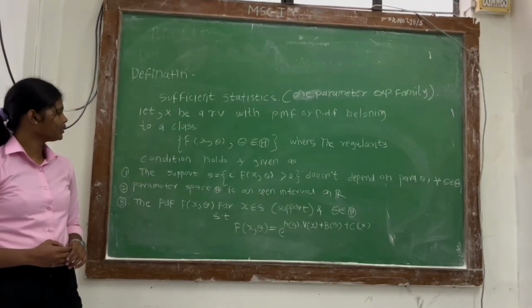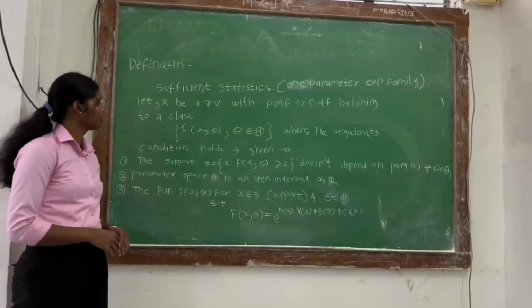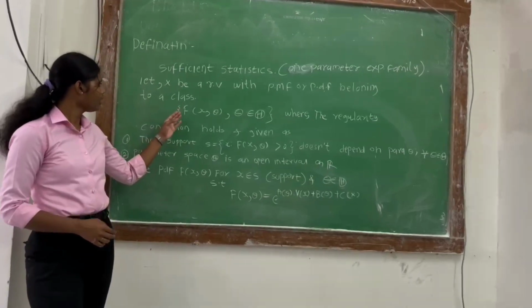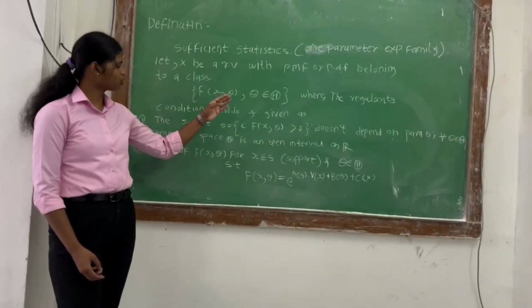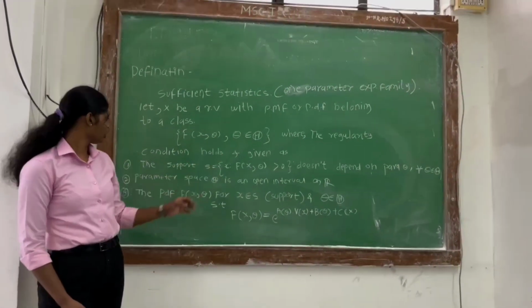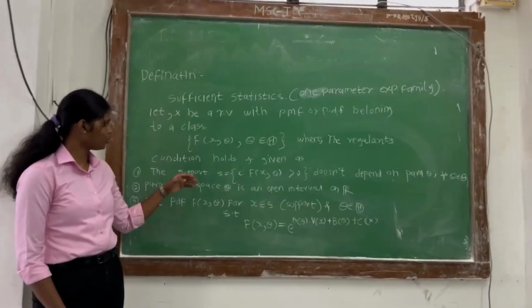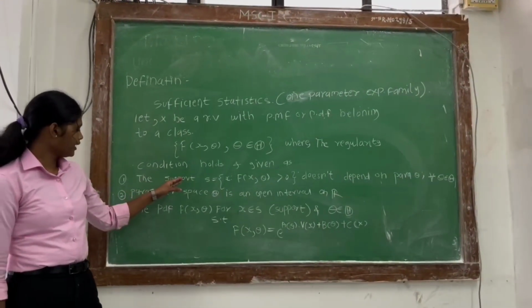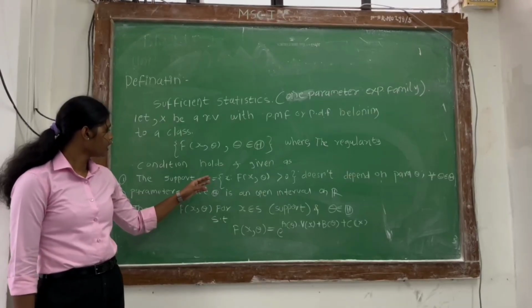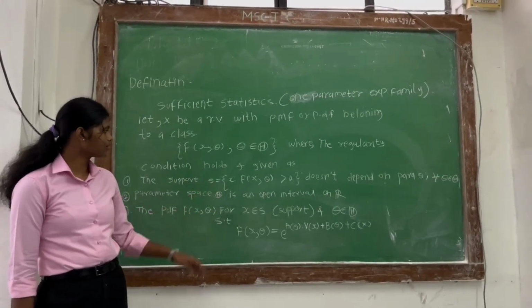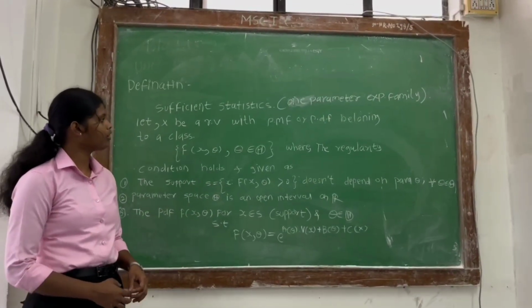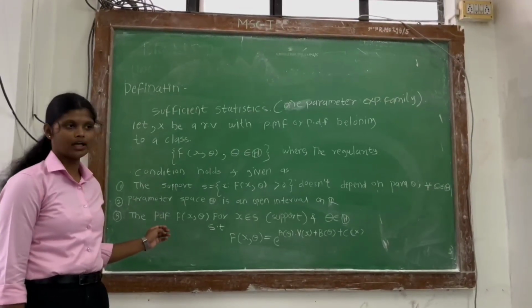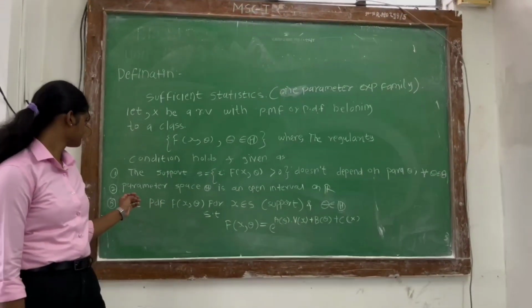Our third definition is by the exponential family. Let x be a random variable with PMF or PDF belonging to a class f of x theta, where theta belongs to the parameter space, where the regularity conditions hold, given as the support S is equal to x such that f of x theta greater than 0 does not depend on the parameter theta for all theta belongs to the parameter space.